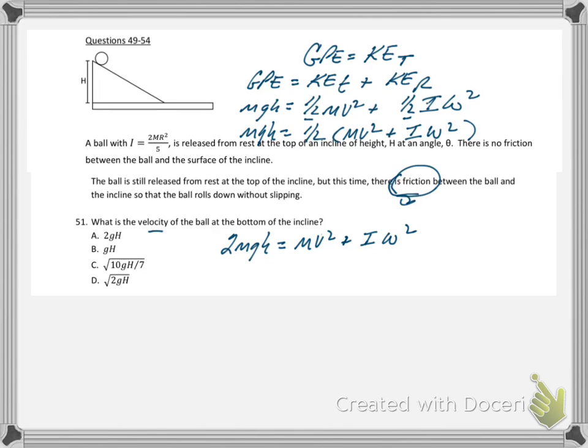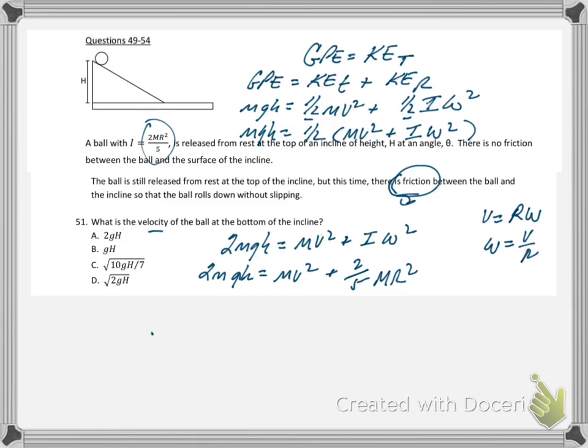Now we can plug in our moment of inertia and angular velocity, so angular velocity is v over r. First of all, we could divide by masses.